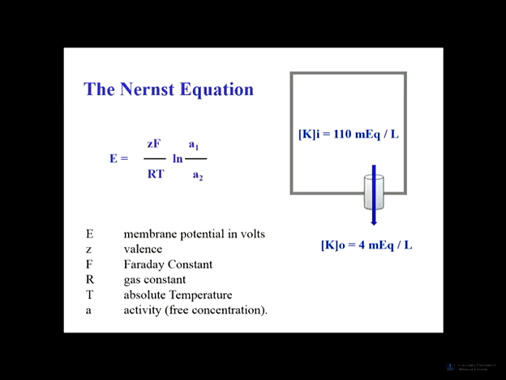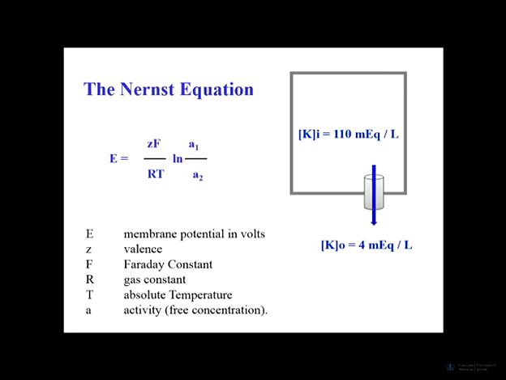There's a very important equation that determines the membrane potential, and it's called the Nernst equation. These are all constants. It's simply a reflection of the inside and outside concentration of potassium.